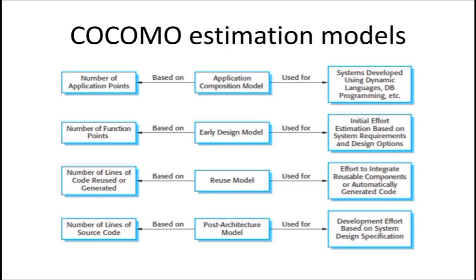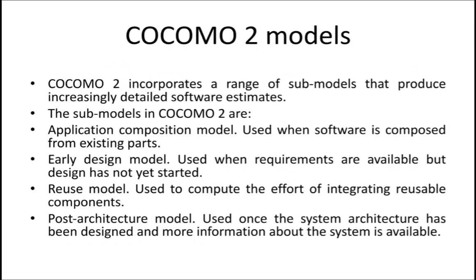The submodels in Cocomo 2 are the application composition model, the early design model, the reuse model, and the post architecture model. These are all the submodels of Cocomo 2.